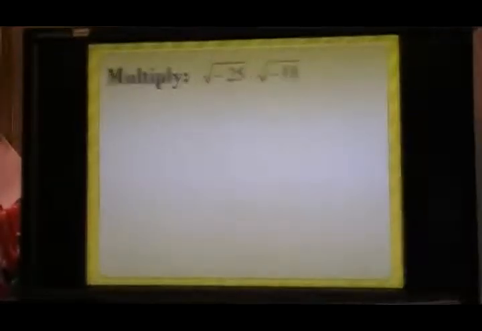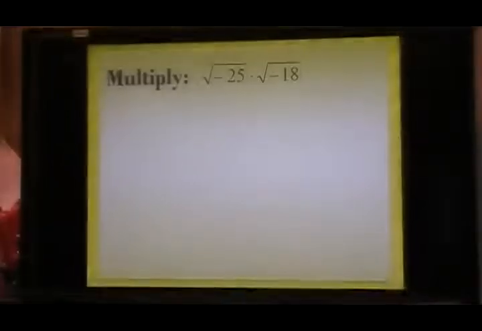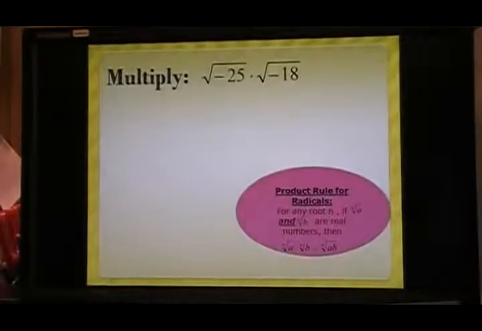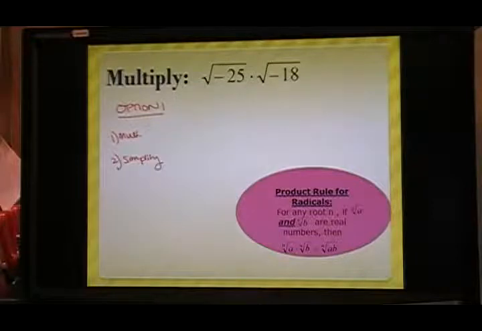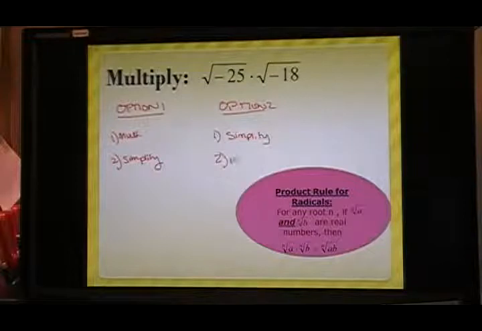Okay? Doing this multiplication, if you go back to when we were talking about multiplication of radicals and this product rule for radicals, I gave you two options. The first option was that you could multiply first, then simplify, and the second option was, okay, well, we can simplify first and then multiply.